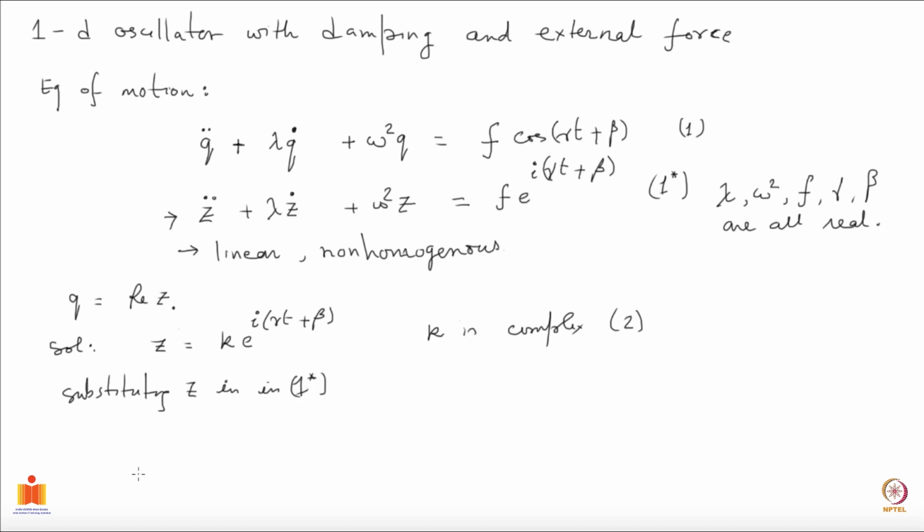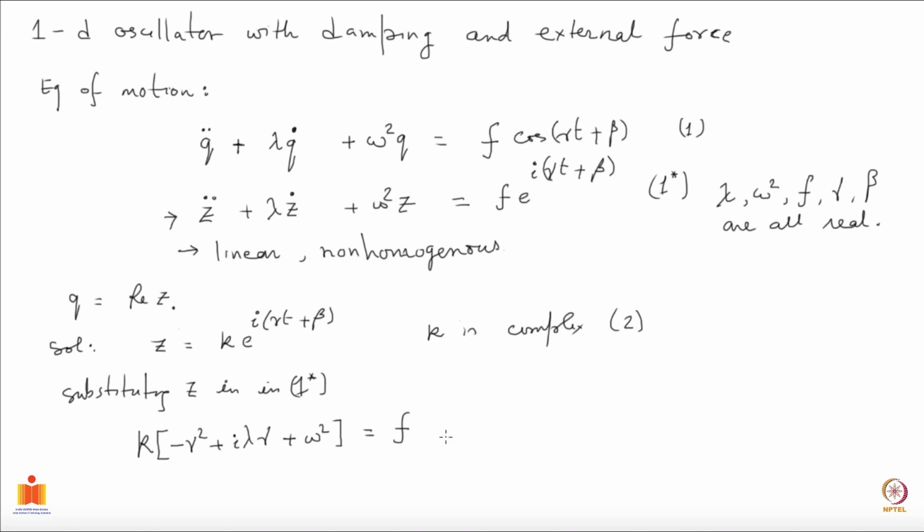So what do you get? I hope that, meanwhile I was writing, you were deriving it. So you get (minus gamma square plus I lambda gamma plus omega square) k, and this entire thing is equal to f.